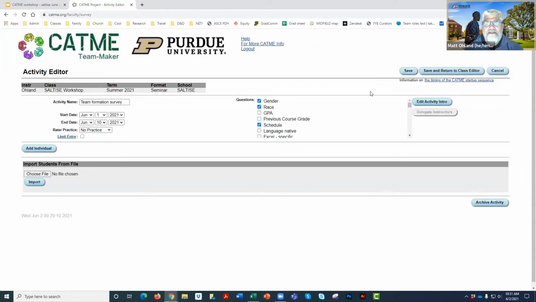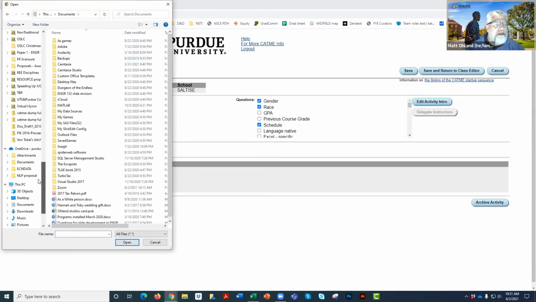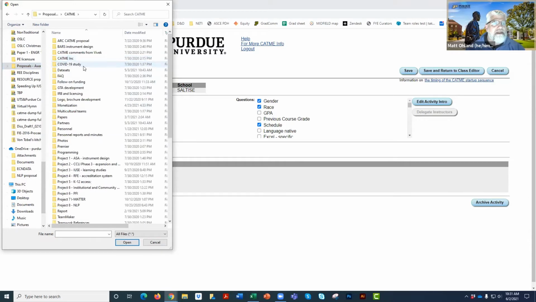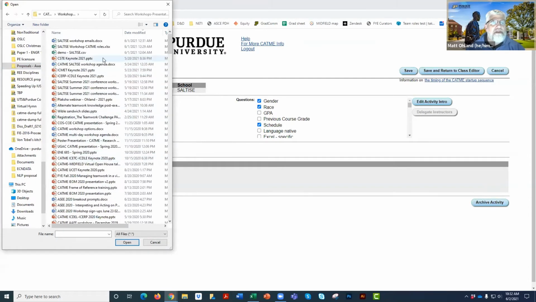Okay, so the next thing is we need to tell who the students are. And so I've created a CSV file, which is specifically for this activity. CSV stands for comma separated values, if you haven't used that before. It's a pretty common format for things like rosters that come for classes.